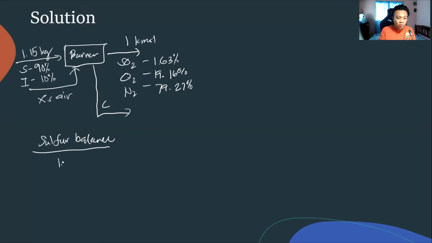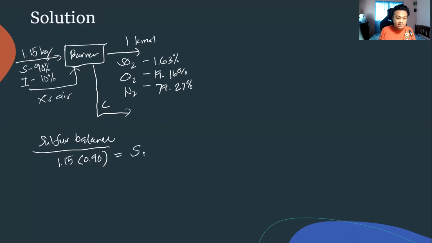So 1.15 times 0.90, because that's only the sulfur that will be burnt. So this is a mass balance.